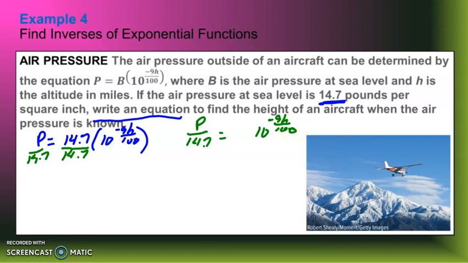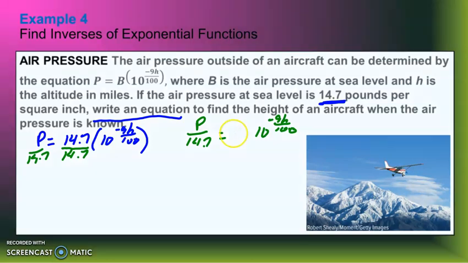And when you're working with exponents, to get the exponent down, because that's where the variable is, you have to do the inverse of an exponential. And the inverse of an exponential is logarithm. So I have to take the logarithm with the same base as the base of the exponential.